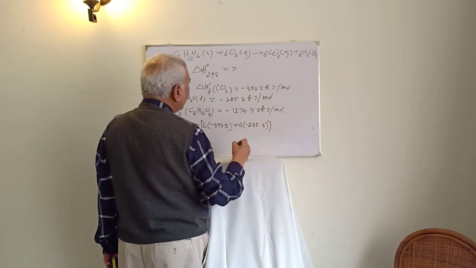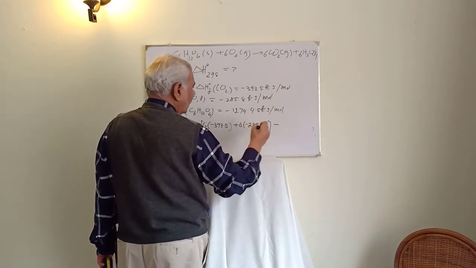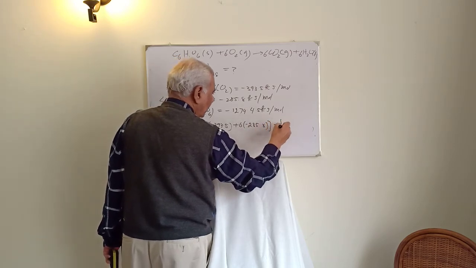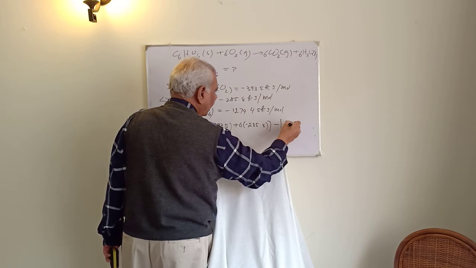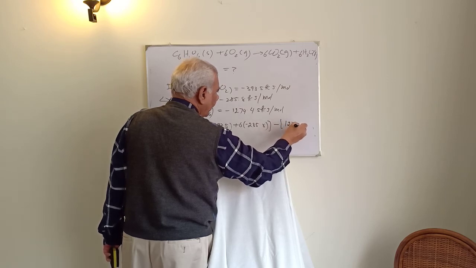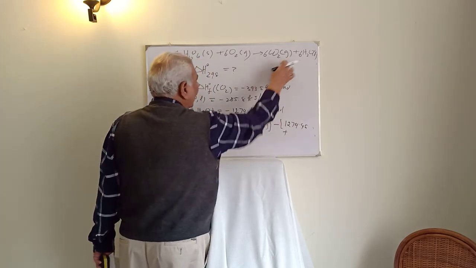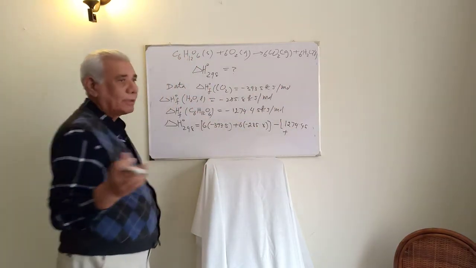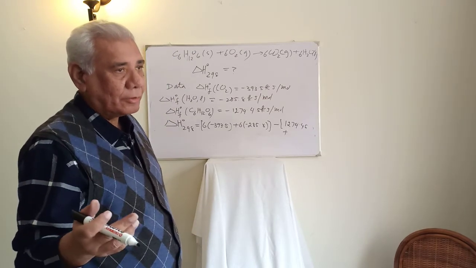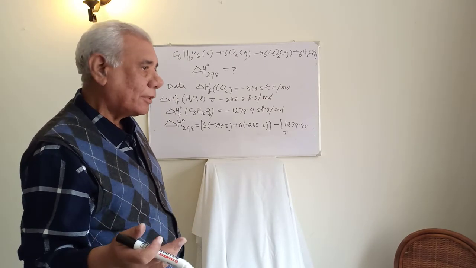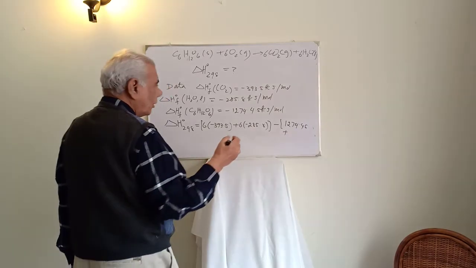This is for the products, and then minus the reactants, 1274.45 plus, now oxygen is in its standard state, 1 atmosphere pressure at 25 degrees centigrade, so its enthalpy of formation is 0.